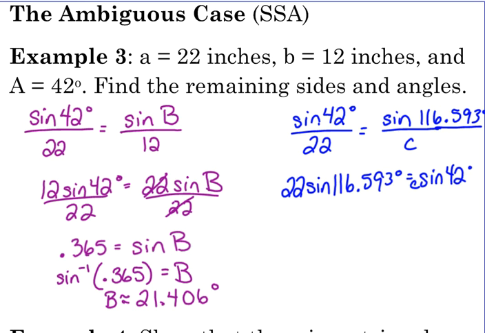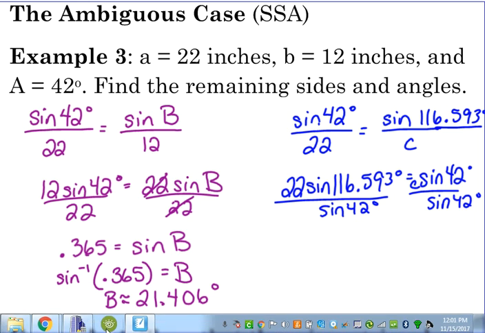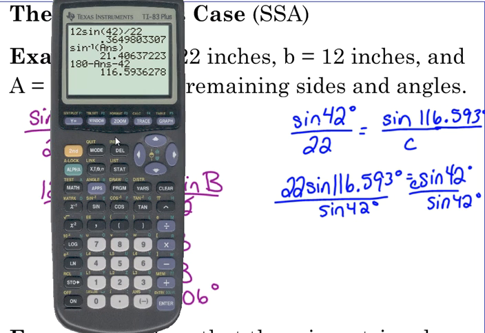And then we divide both sides by the sine of 42. So 22 sine of the answer, close the parentheses, divided by the sine of 42.